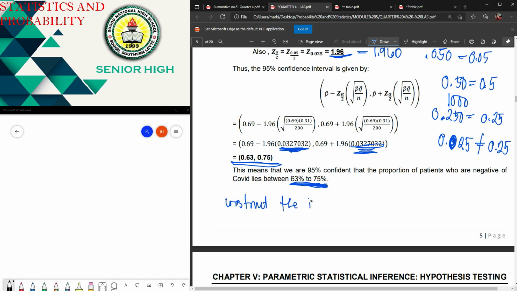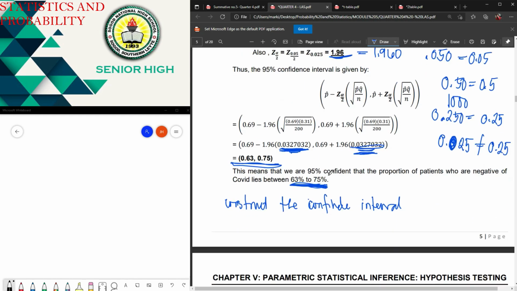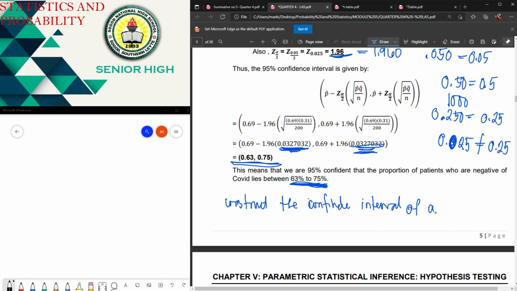Construct a confidence interval of all COVID patients, who, this time, since we already solved the negative, are positive. Alright, how to solve this one? Positive of COVID. How to solve that one?